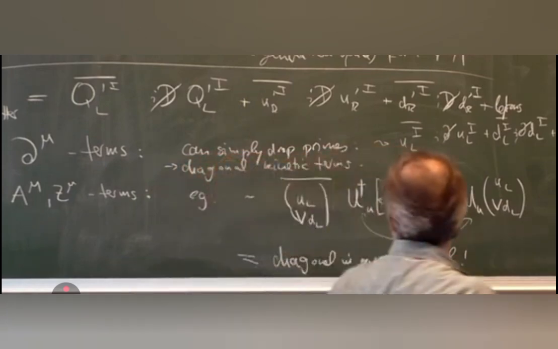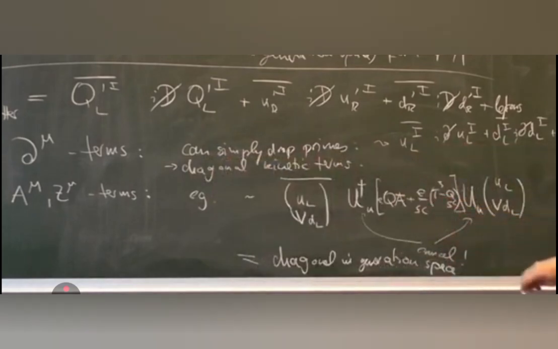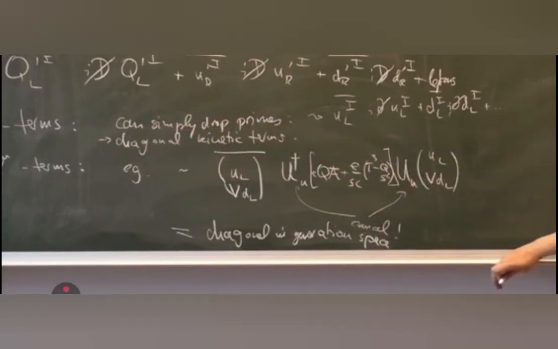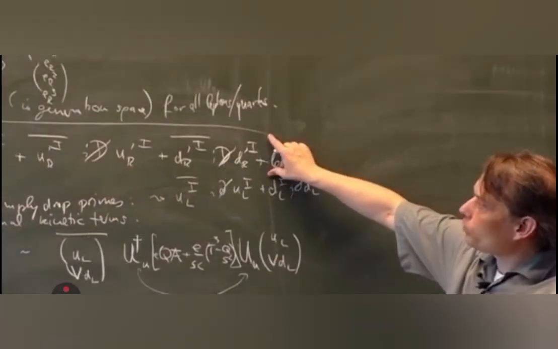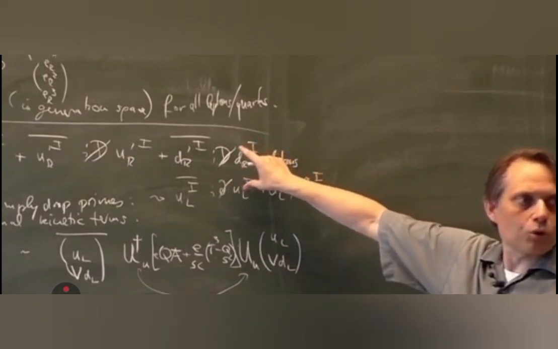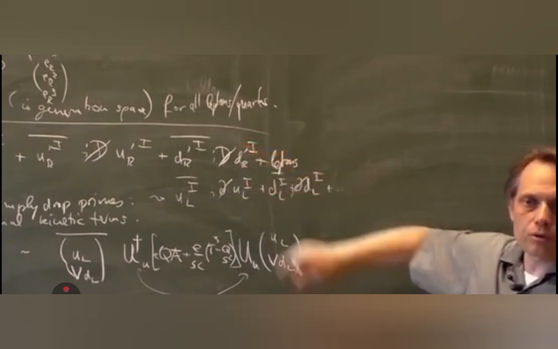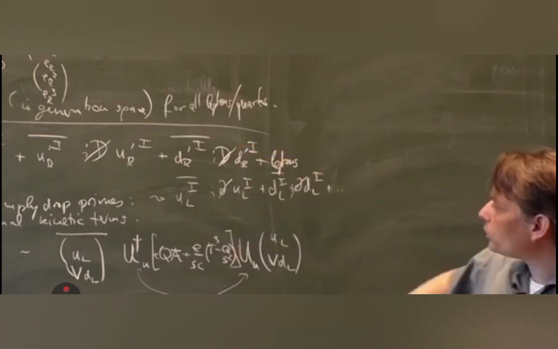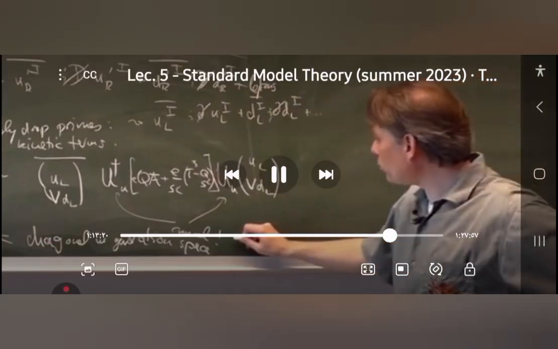So even for the terms involving the photon and the Z, the simple rule is in this term here, you can simply write it with primes, and afterwards you can drop the primes and there is no change. The primes can be dropped completely in the terms involving the photon and the Z.